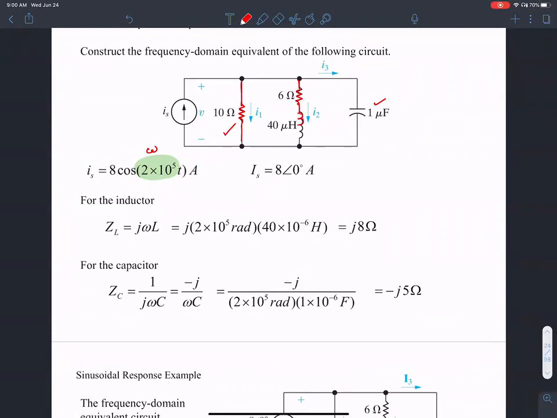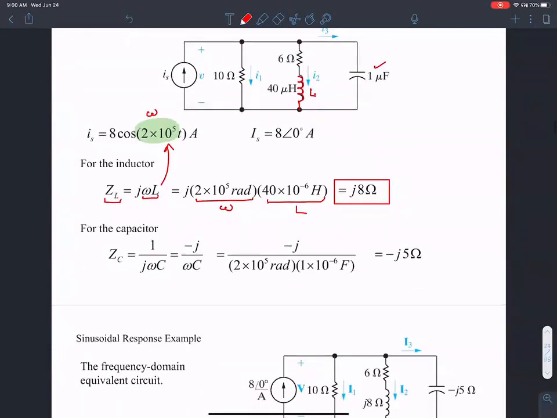For this inductance, I'm going to find the ZL, which is j times omega L. Omega is given to be 2 into 10 to the 5. So when I convert this inductor to the frequency domain, I'm left with j8 ohms.